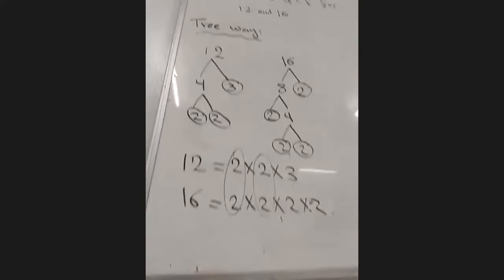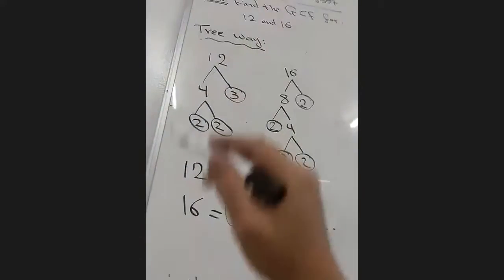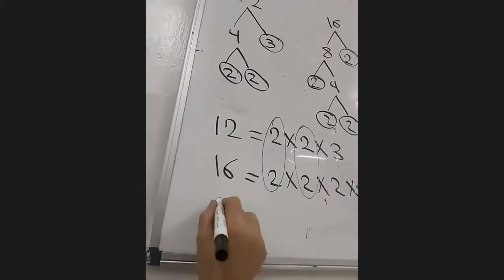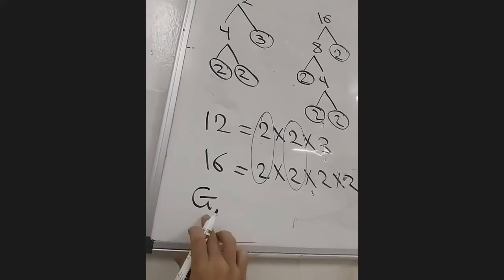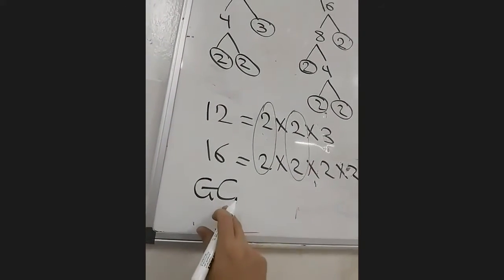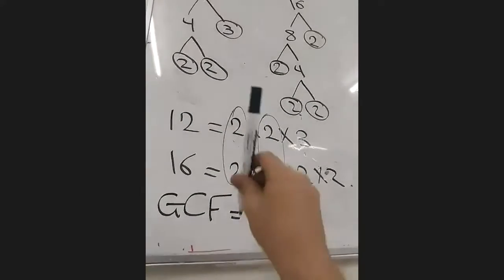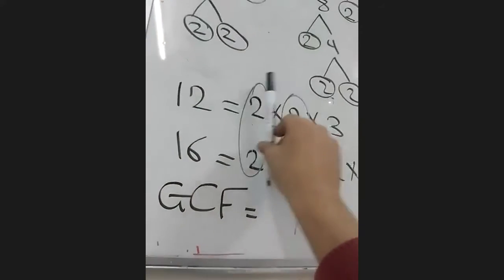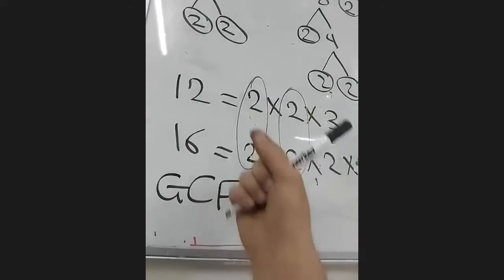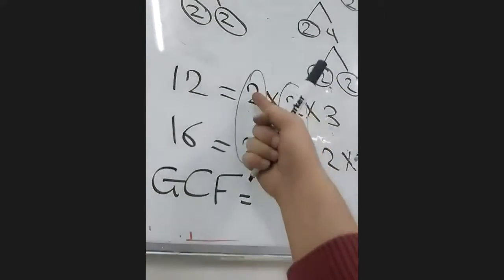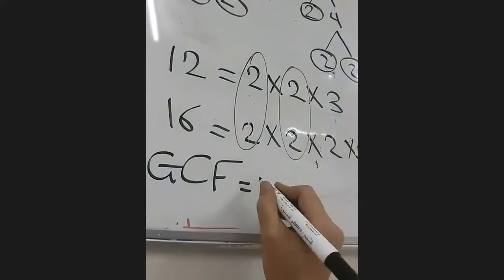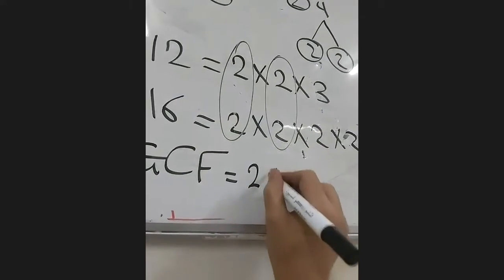Okay? Now, after I finish this idea here, I can find the greatest common factor, GCF, equal. Now, from each group, take one number. So here we have a group with 2 and 2. I take one number of them, multiply between.